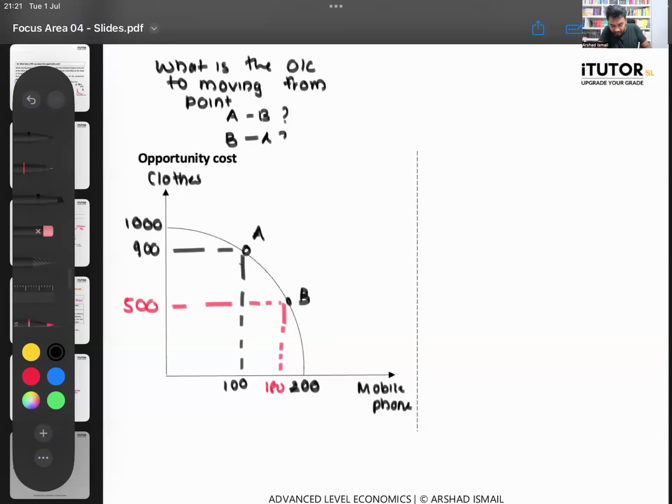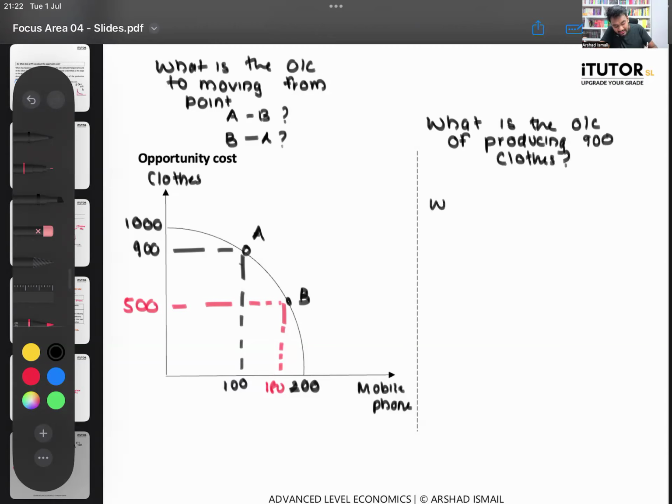B to A. That is one question they can ask. Another question they can ask you is, the answers for all of this will be different. What is the opportunity cost of producing 900 clothes?